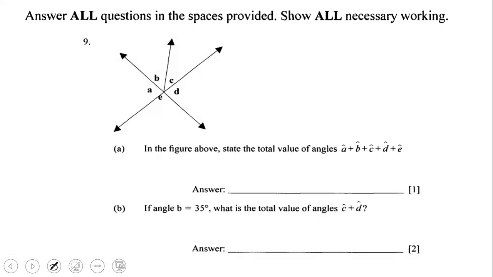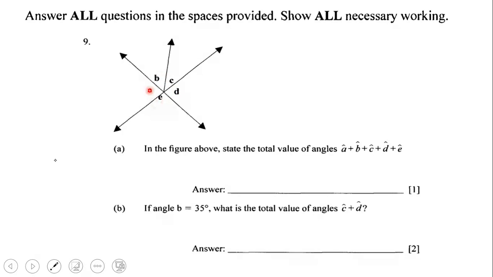All right, now that you're done answering this question on your own, let us deal with this question together. Notice that question 9a says, in the figure above, state the total value of angles A plus B plus C plus D plus E. It is a fact that angles around a point add up to 360 degrees.